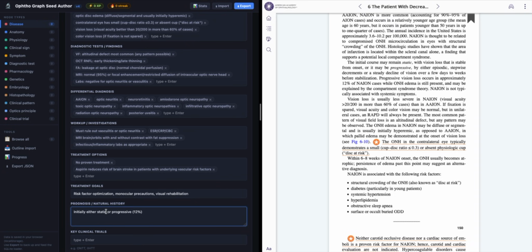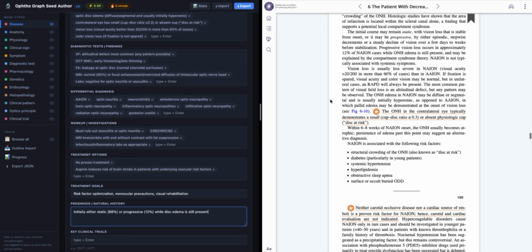Progressive is about 12%, so static would be 88%. And then the progression occurs while the disc edema is still present.